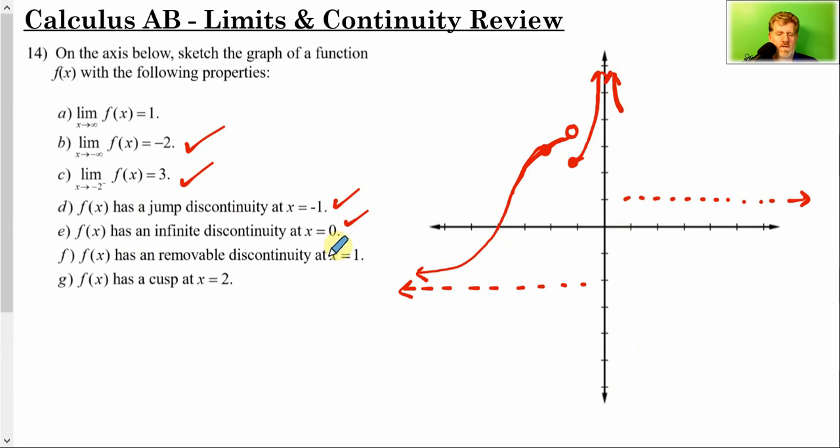Removable at 1. So at 1, you've got another one like at negative 1. We have a removable one. So let's say it's going to there. Stops, it's removed. Now could it continue on? It could. Could it jump? It could. But a removable one means we just took it out.